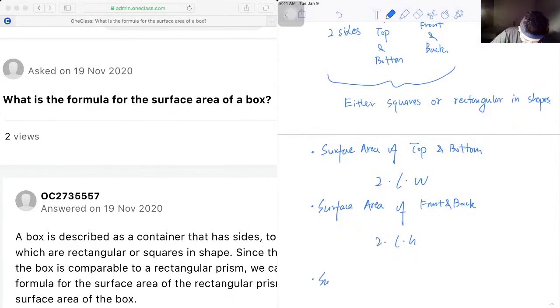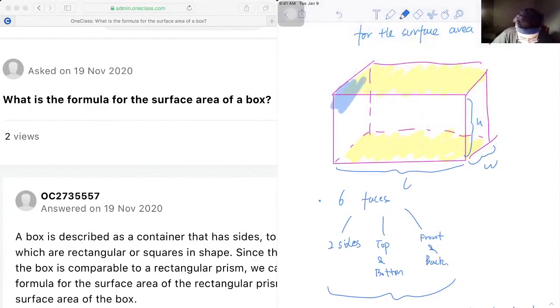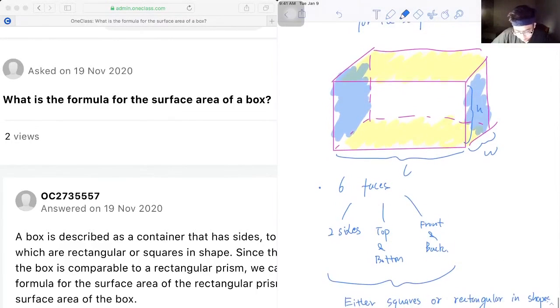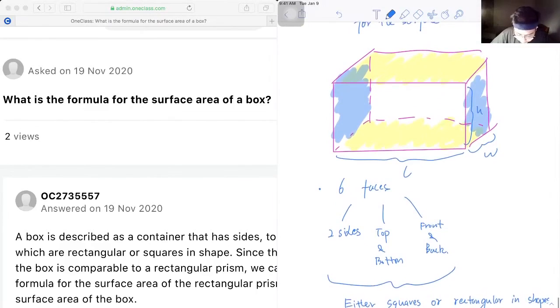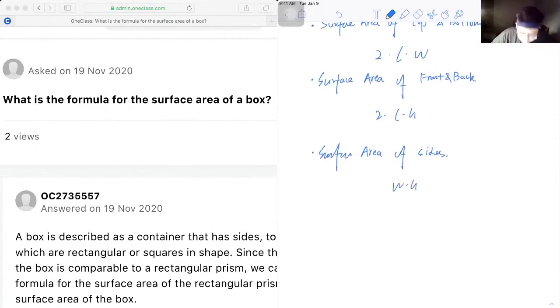And lastly, we have the surface area of the sides. I'll use blue to indicate that, the one on the left and the one on the right. As you can see here, it's going to be W times H. Since there are two of them, that's going to be 2 times W times H.